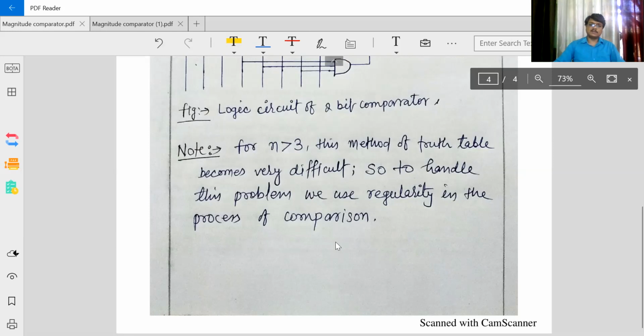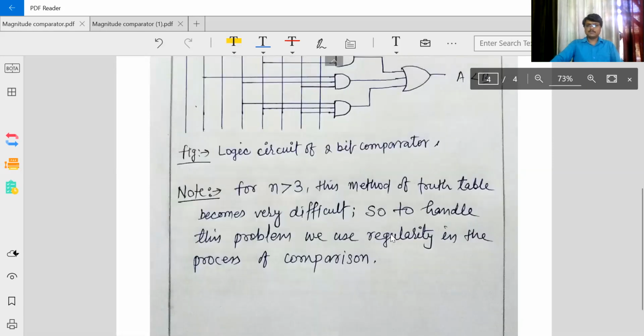To handle this problem, we use regularity in the process of comparison. Bit by bit comparison is there, and you will have to read all these things in the higher classes. It is not in your syllabus.